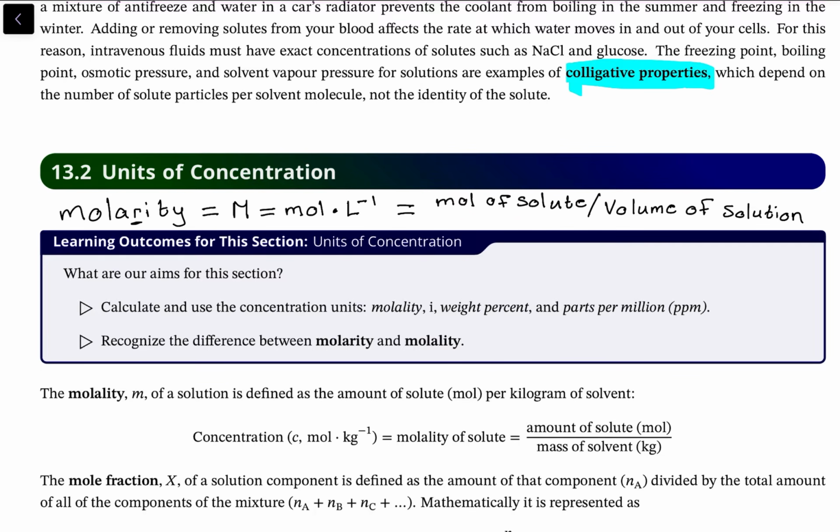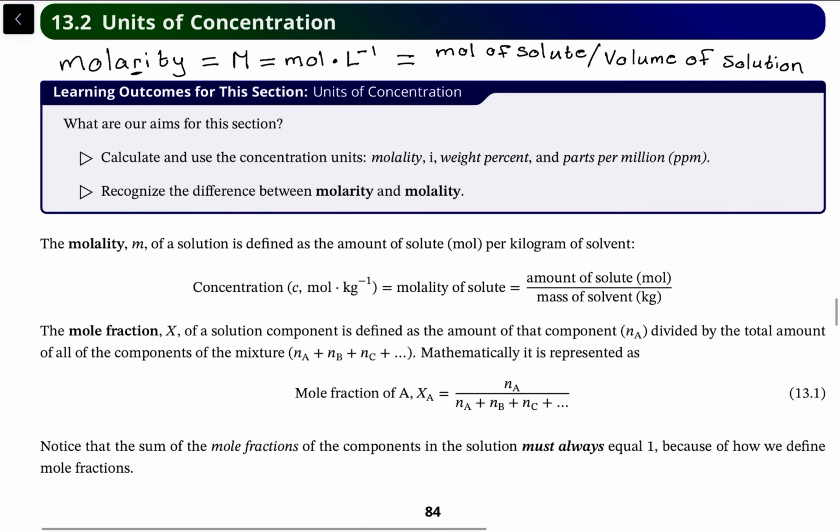But there are other concentration units that we can also use. The most confusing one probably is the one that sounds a lot like molarity, and it's called molality. So notice the only difference is just an L there, so that's why I underlined it.